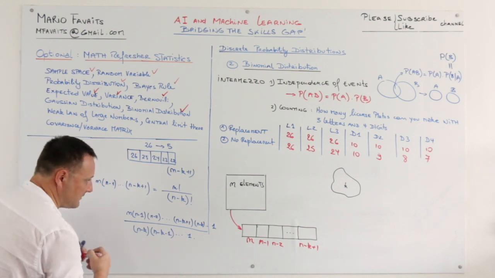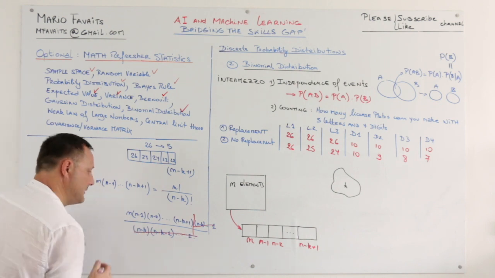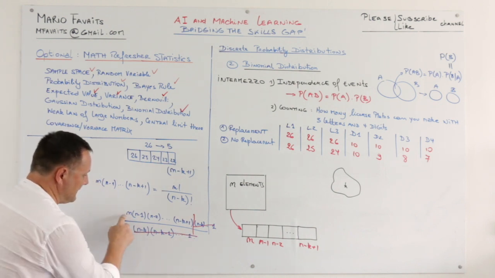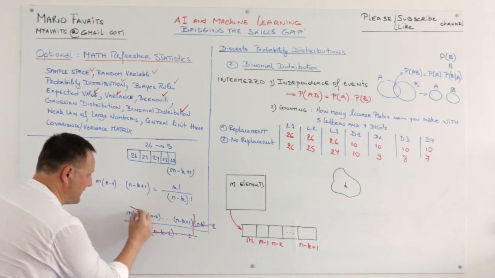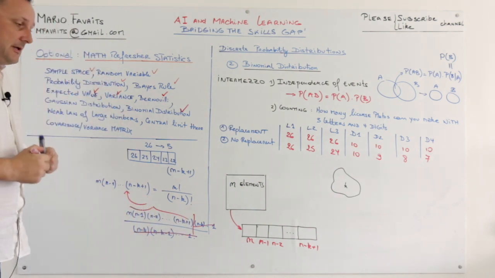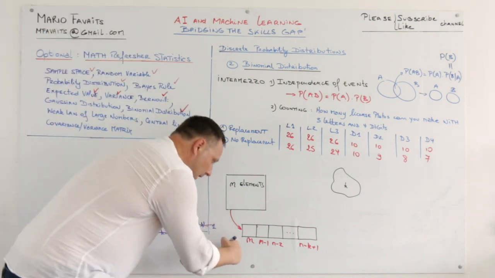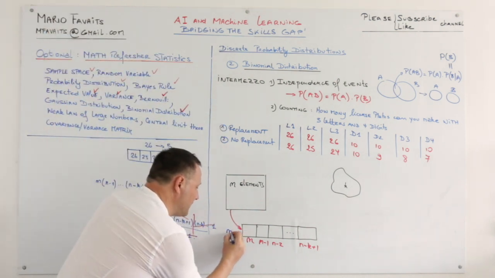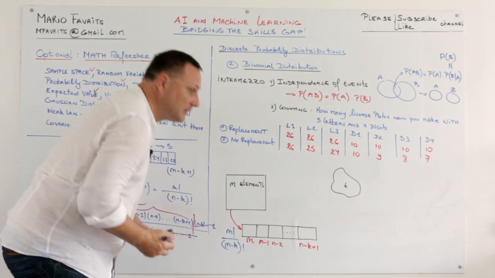So you can see that all terms from here disappear with that one, and what is left is exactly what's here. So there's n factorial divided by n minus k factorial.